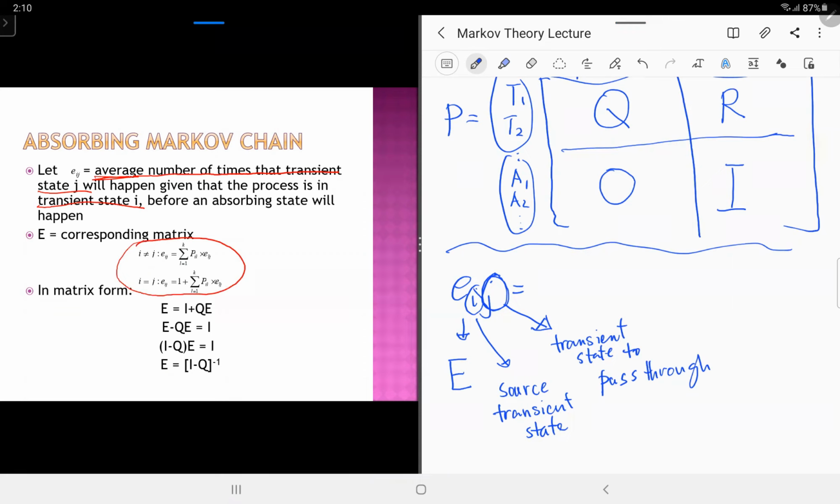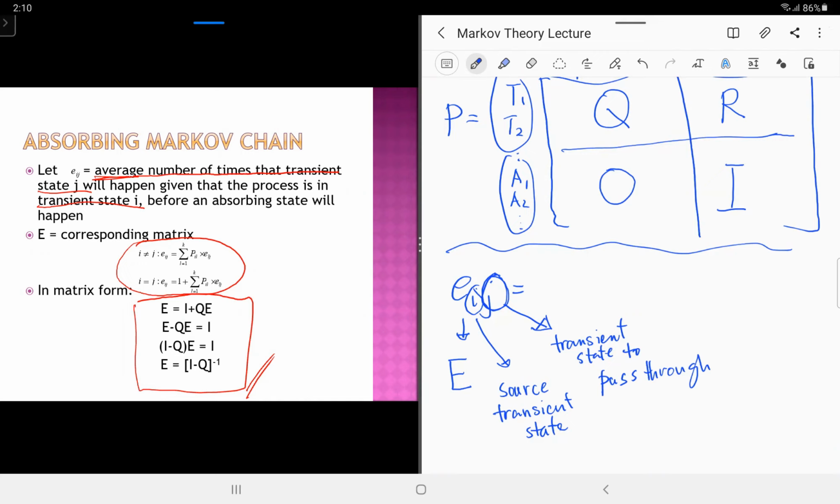You have to set up a lot of EIJ equations in order to solve EIJ, just like what we did in the previous example for MIJ. Or you can simply use this matrix calculation for EIJ. And I would prescribe this one as it is easier to calculate by setting up matrix E.